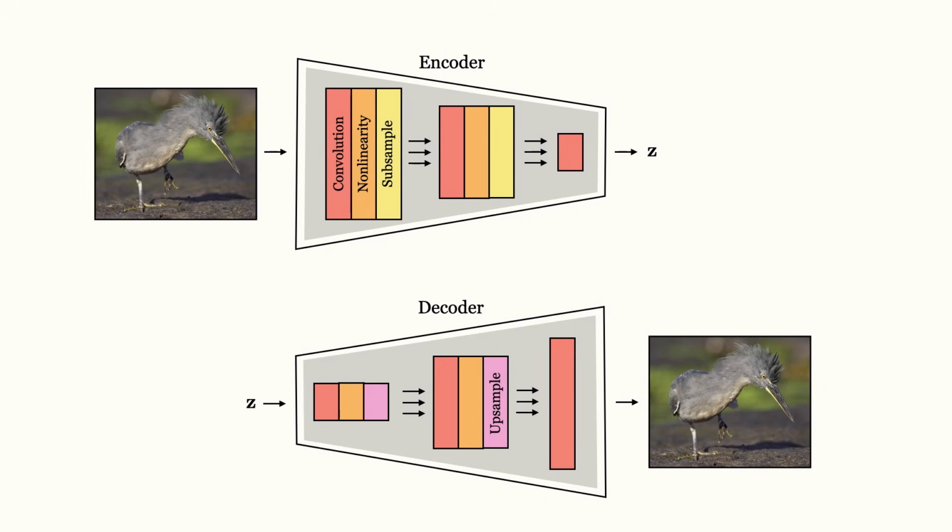And then in the decoder component, you take that low dimensional representation and do convolution, nonlinearity, upsampling. In that upsampling component, you're actually just increasing the spatial extent of each of the layers going forward. And the training signal here is you want the decoded output to match the encoded input as close as possible, right?